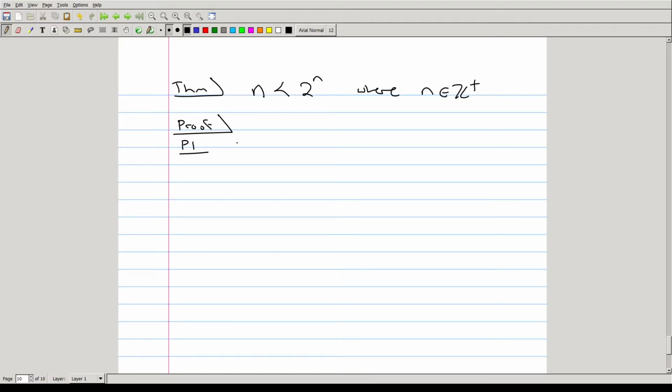Part 1 of the proof involves us showing that n is dominated above by 2 to the n, or n is big O of 2 to the n.